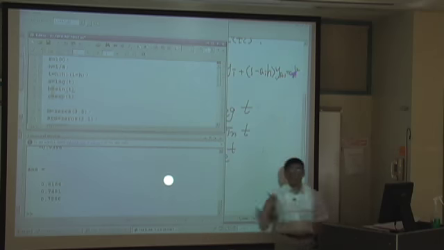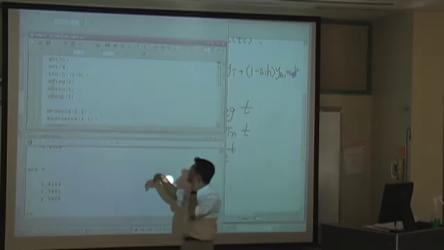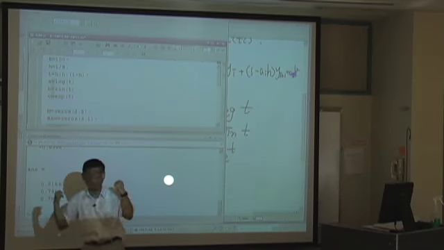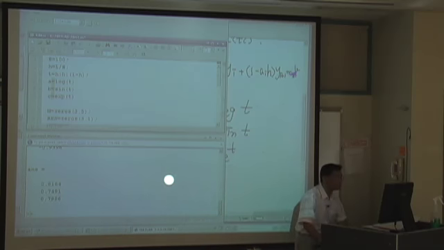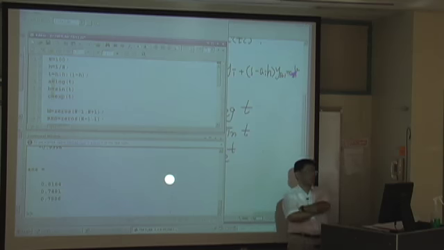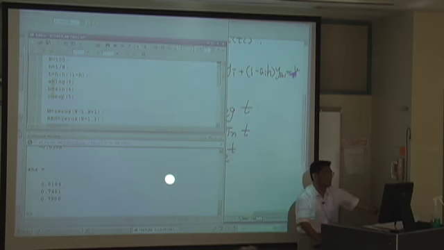Do you follow me? I'm just making this program robust enough. So I'm just changing the program completely to handle the general case.